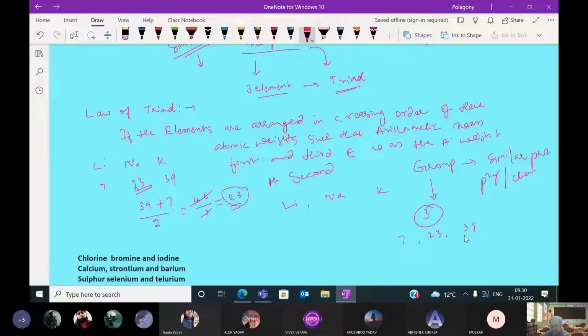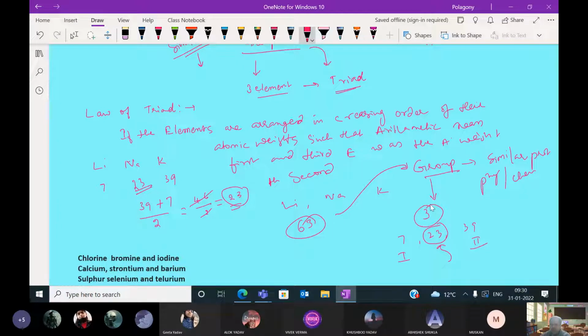In increasing order of atomic weight, 7, 23, 39, such that the arithmetic mean of the first and third element gives the atomic weight of the second element. Is it clear to everyone what I am talking about here? So how did Doberner classify the elements known to him at that time? There were only a few, around 63 chemical elements, classified into groups based on similar physical and chemical properties.